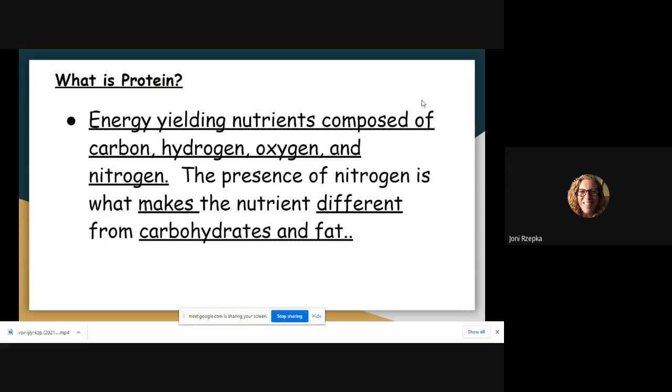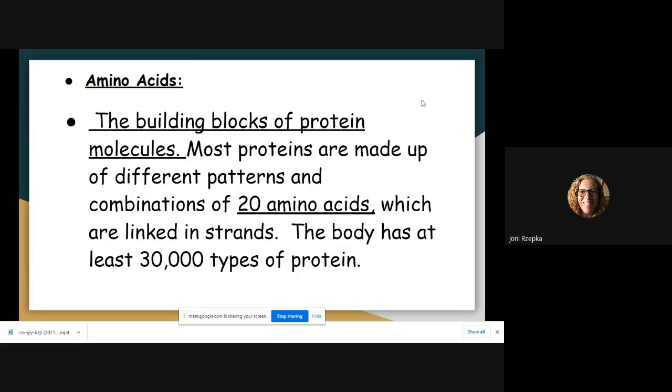Okay. Next one, amino acids are the building blocks for protein molecules. Most proteins are made up of different patterns and combinations of 20 amino acids, which are linked in strands, but the body has at least 30,000 types. Basically this is similar to when we talked about carbohydrates with chains of molecules; these are all different types.